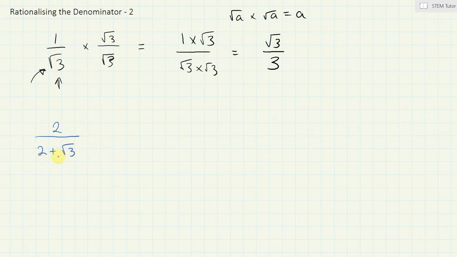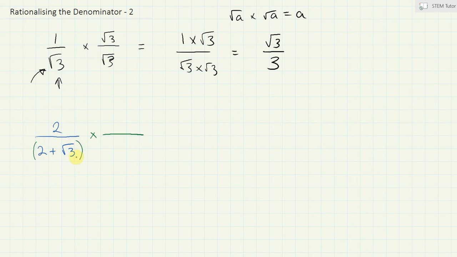Remember, we want to remove all the root terms in the denominator of this fraction. The process will still be similar in that we multiply it by another fraction, and from that multiplication we should be able to get rid of this root 3 term.